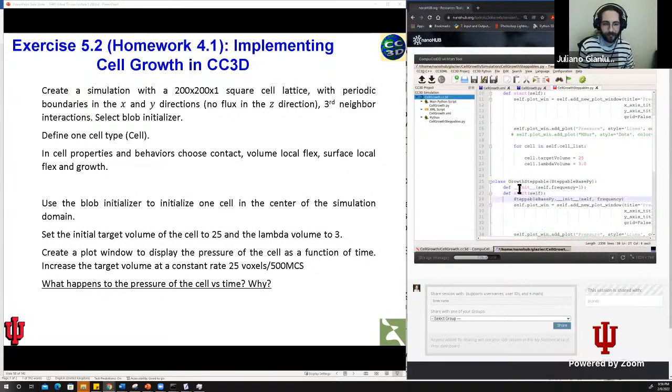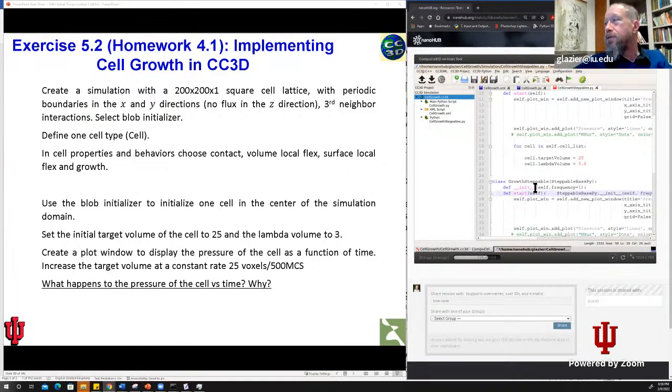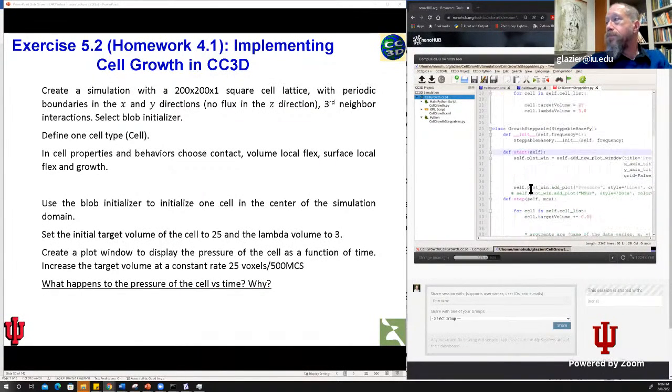Nope, just the start line. I put it in the wrong order. It has to go here. Yep, that should work.